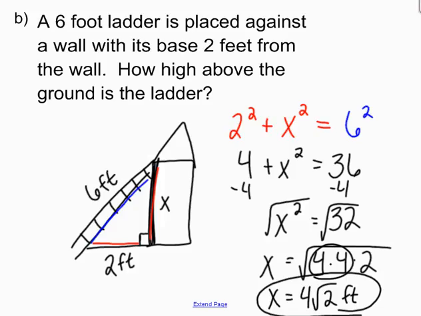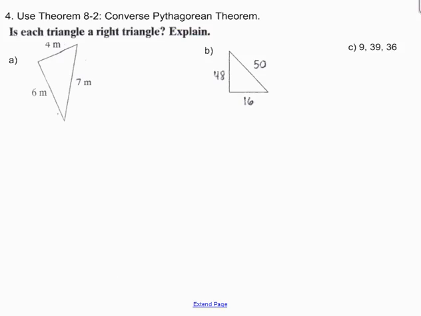Now we're going to work on the converse of the Pythagorean theorem. So you have to decide whether it is a right triangle or not. That's where you plug it into the Pythagorean theorem and see if it works. So you take the 2 shortest lengths, and you have to see if they equal the hypotenuse squared.